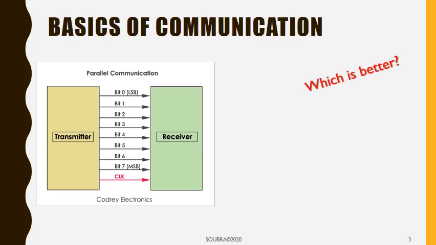In this case, what we have here is a transmitter sending at once in one clock cycle all of the bits of the word, and then the receiver will get those at once as well, from theoretical point of view, of course.